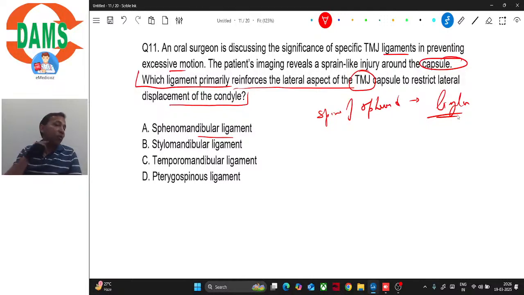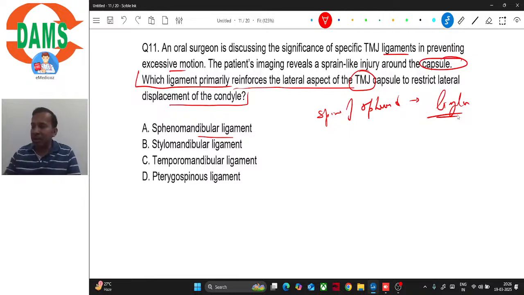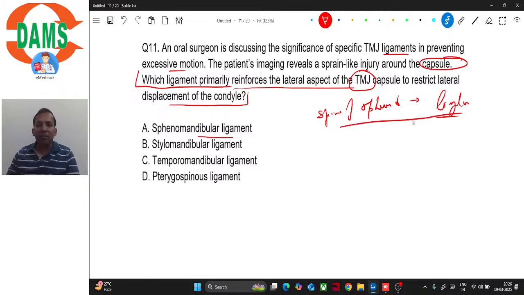It would be seen close to the lower border of the mandible, and both of these ligaments have some role to restrict the depression of the mandible.